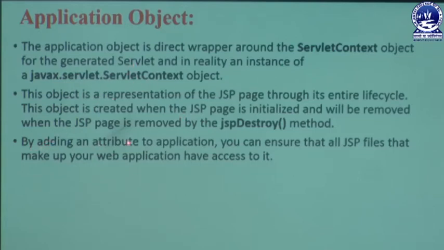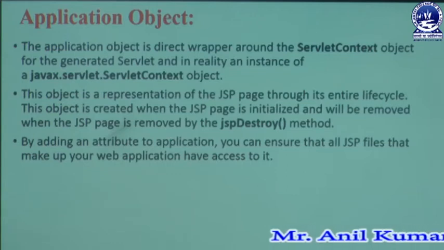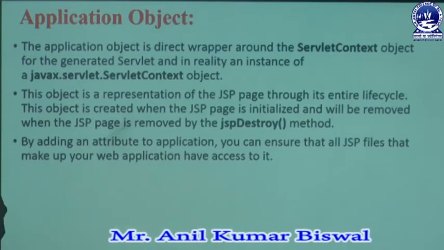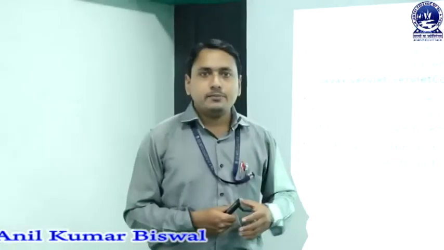Then by adding an attribute to application, a user can ensure that all JSP files that make up your web application have access to it. It is general information which is relevant to our JSP file, meaning servlet relevant files. By using that object we can easily locate some specific applications which are present in our system.